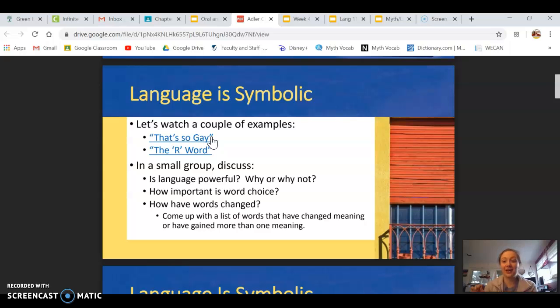But then people started using it rudely and said, hey, this is so gay, as in stupid, thinking that people who are gay or homosexual are therefore stupid. So it added a negative connotation to it.